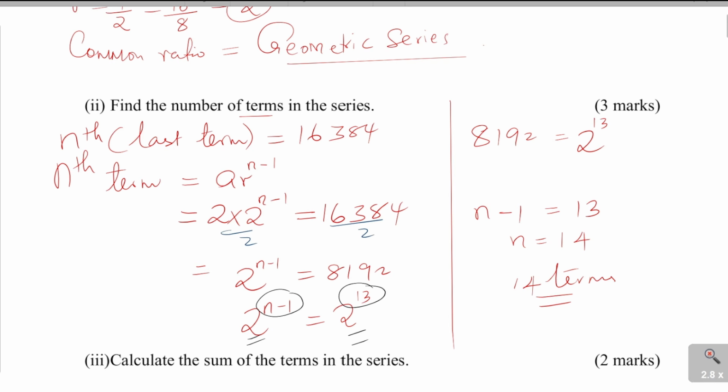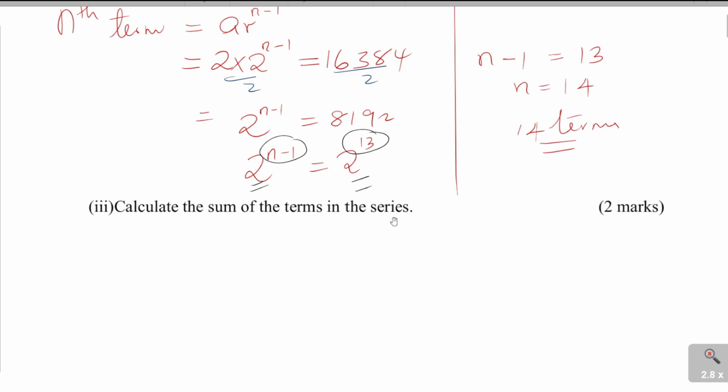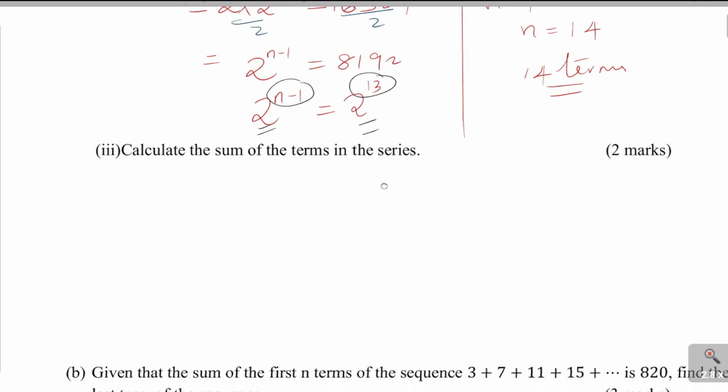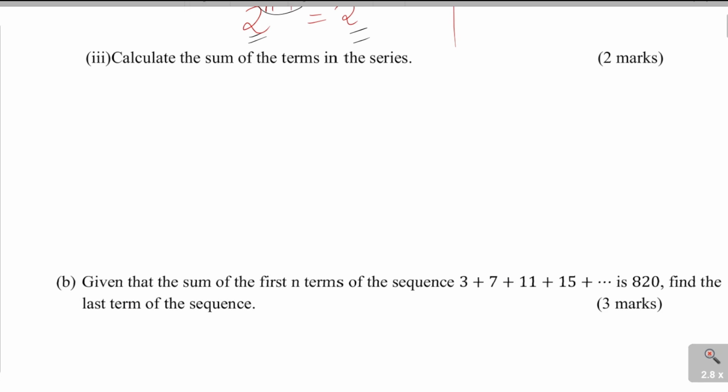Go to part 3. Calculate the sum of the terms in the series. So again, how do you get the sum of a number of terms in a geometric series? There are two formulas, one when the ratio is greater than 1, another one when the ratio is less than 1. So in this case, the ratio is 2, and that is greater than 1. So when the ratio is greater than 1, this is the formula that we use.